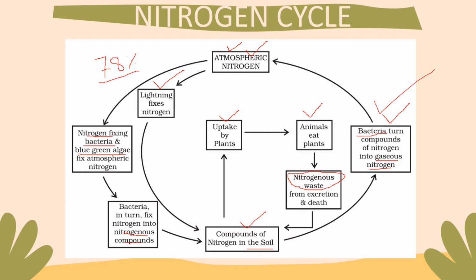Or simply the nitrogen fixed through lightning can be acted upon by the bacteria and converted into gaseous nitrogen, and this can again be released into the atmosphere, balancing it to 78% of nitrogen in the atmosphere. So this is your nitrogen cycle. It's very easy to remember if you understand this. These are the three ways how your nitrogen remains constant in the atmosphere.